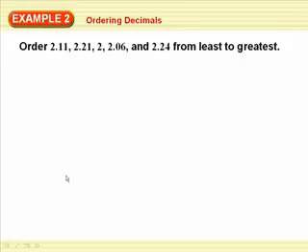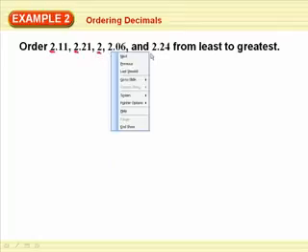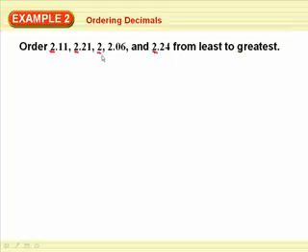Greater than. Okay, ordering decimal numbers from least to greatest. And the little trick I talk about is money. I look at all of these and I see every one of these numbers up here has a 2 in the ones place. If you look at these, they all have a 2 in the ones place. So again, if I'm going to think of them like money, the smallest money amount up there is just the 2 by itself.